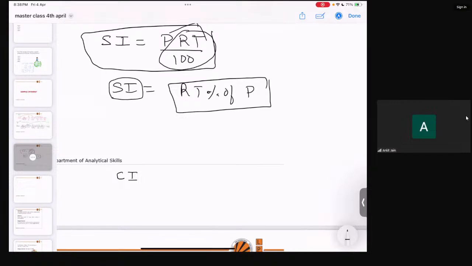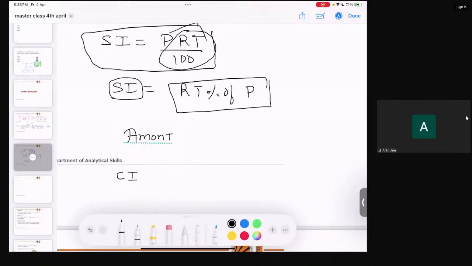This is the interest. So what is the principal? What is the amount? Amount is calculated as principal plus interest.